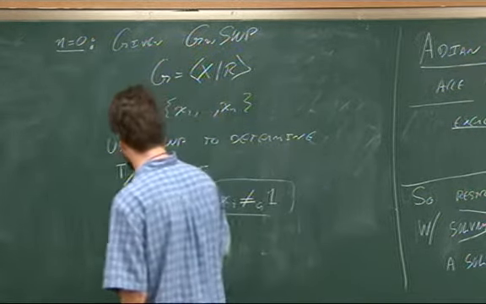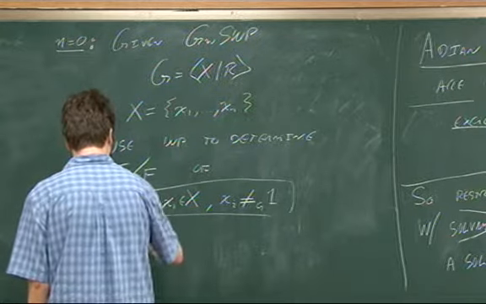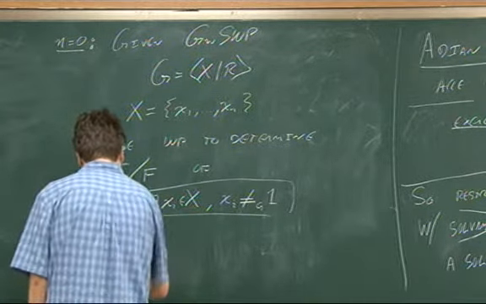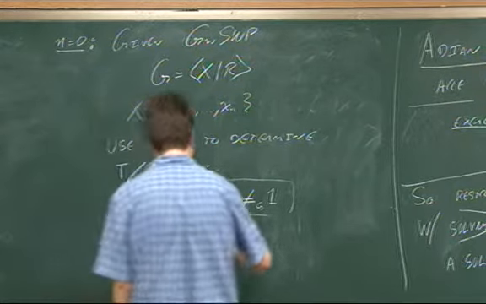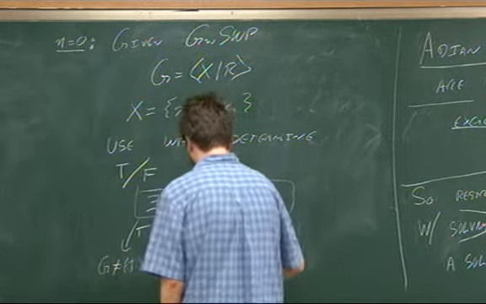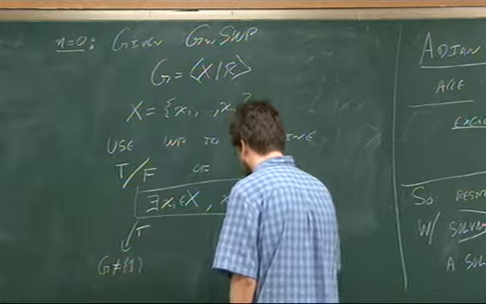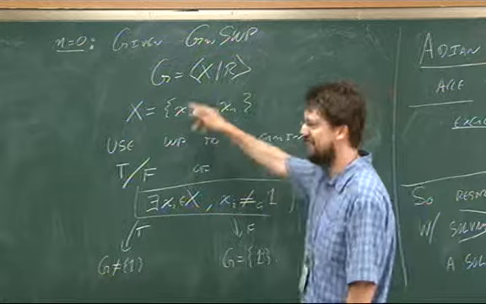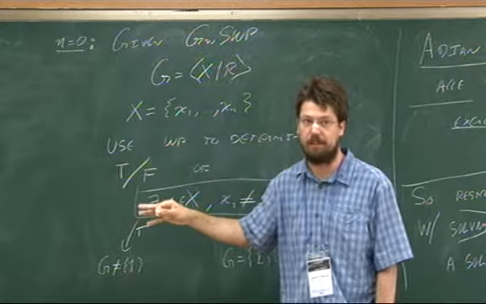If it's true, then G is not equal to the trivial group. And if it's false, then G is the trivial group. We can write it in a number of different ways. The point is I only need to check the generators, and that's some finite process.